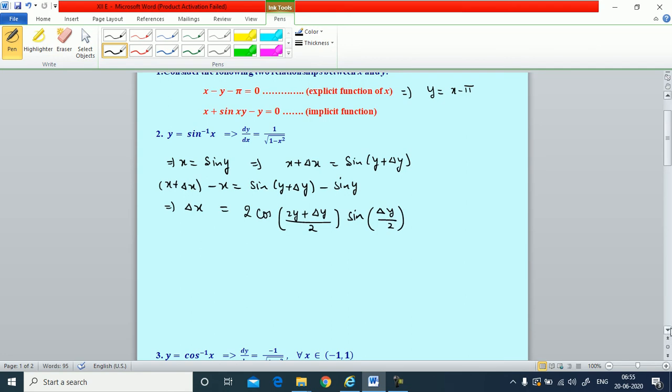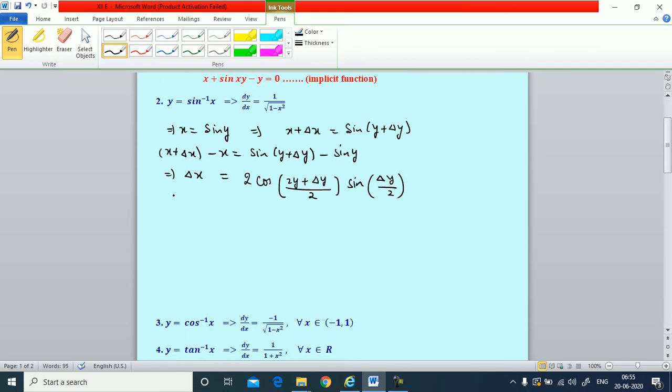Now dividing both the sides by delta y, the left hand side reduces to delta x over delta y, and the right hand side we can write as cos of (2y plus delta y) over 2, and then sine of delta y over 2, and you can see we are dividing the expression by delta y.